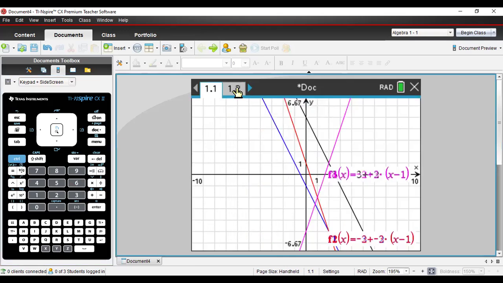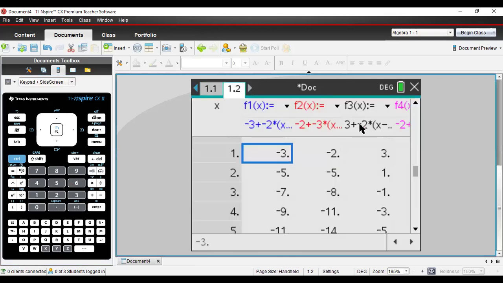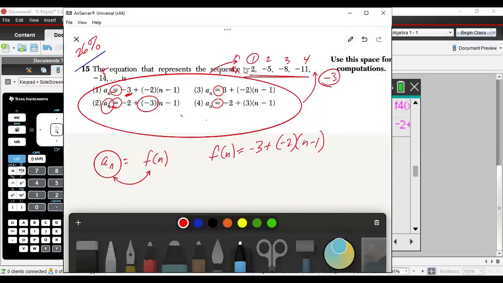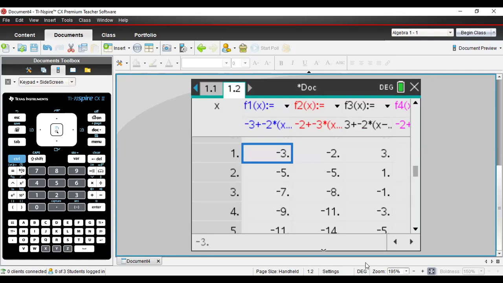And then what it does is it creates this table of values. Now, all we have to do is, this is the first term, second term, third term, fourth term, fifth term. And we know that the first term should be -2, the second one should be -5, -8, -11, -14. So let's see which one has that.